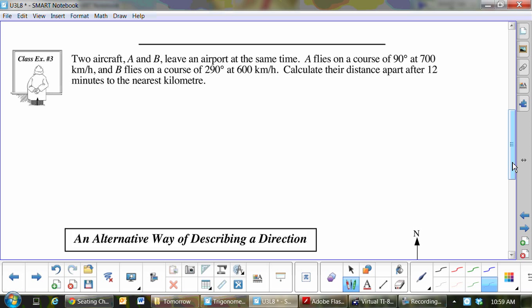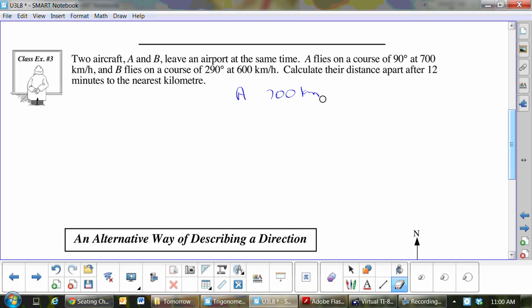Now, first of all, before you get going on diagrams and stuff, find out how far they've gone. So let's talk about A. A is going at 700 kilometers per hour. How far would this plane go in 2 hours? 1,400. That's the way I do stuff, so I can think about what I would do if it's 12 minutes. I should still be multiplying, because you multiplied by 2 to get 1,400.